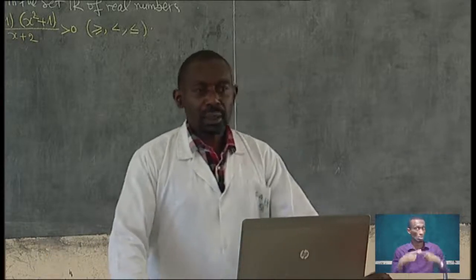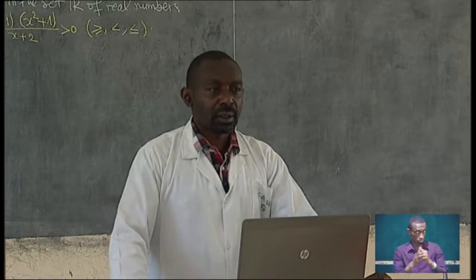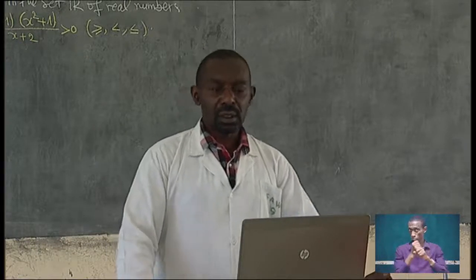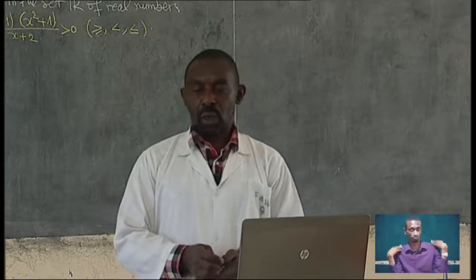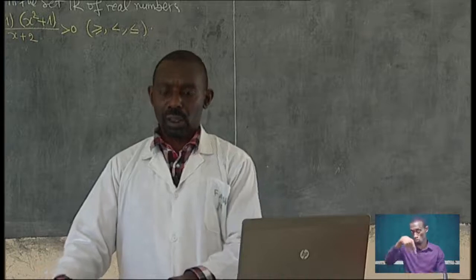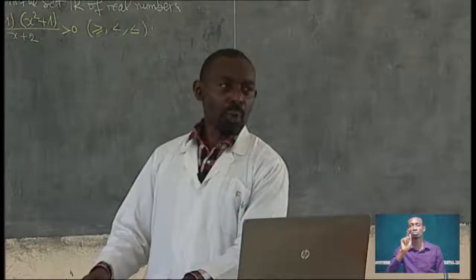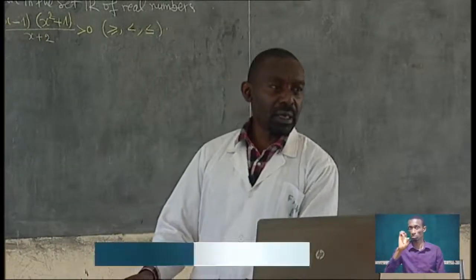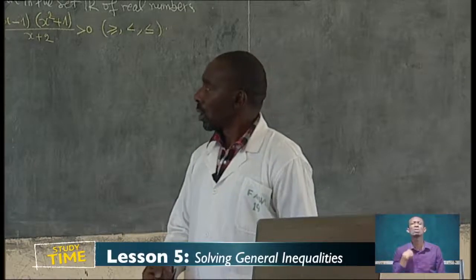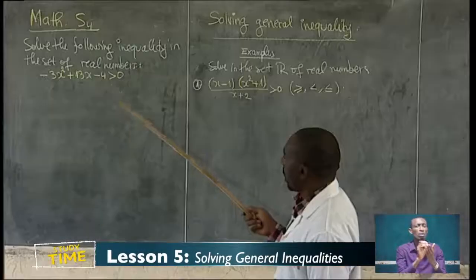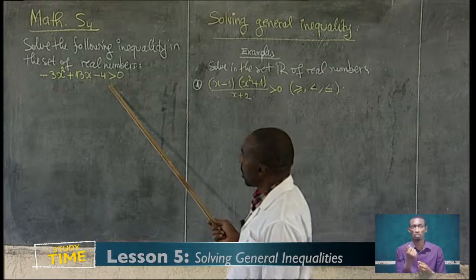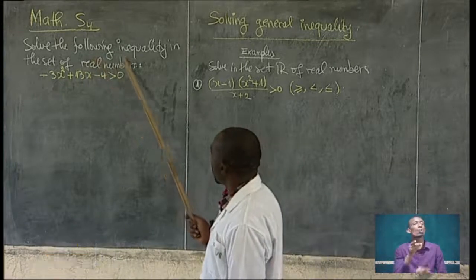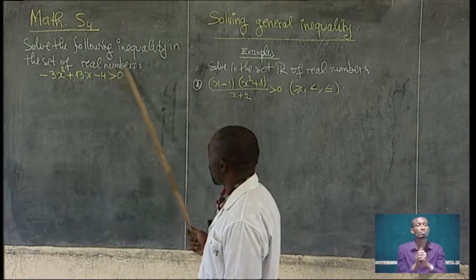But before that, let us start with an activity of solving a quadratic inequality. Dear students, I hope you have your pens and the exercise book. So we have inequality here. Solve the following inequality in the set of real numbers.